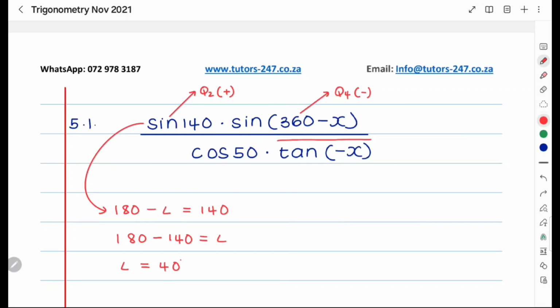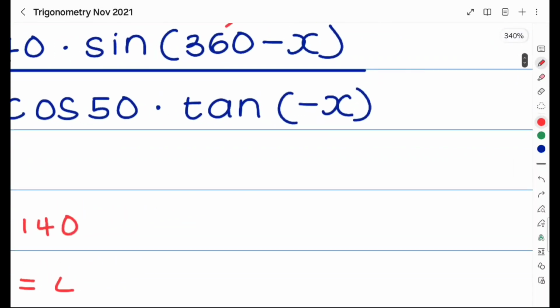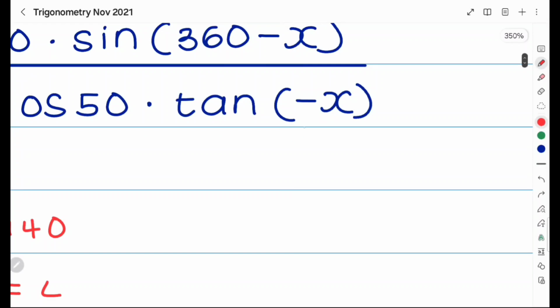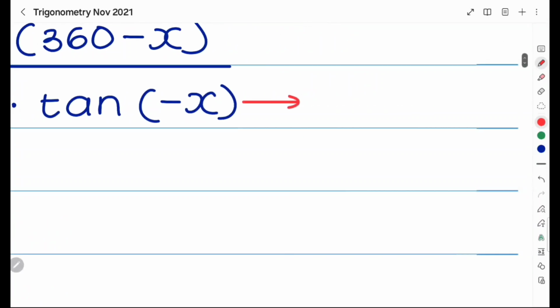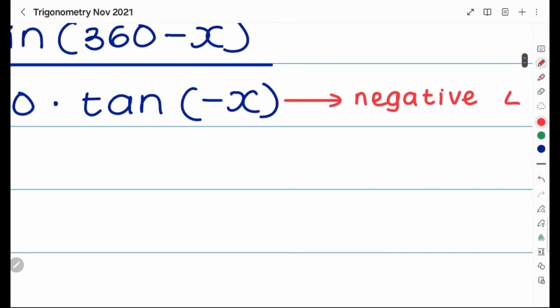Next, let us have a look at tan of negative x. So as you can see, we have negative x, negative angle. So please keep in mind, this is a negative angle. When you are dealing with a negative angle, you have to add 360 in order to turn it into a positive angle.